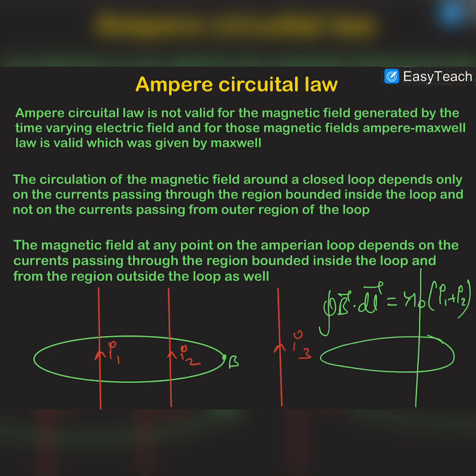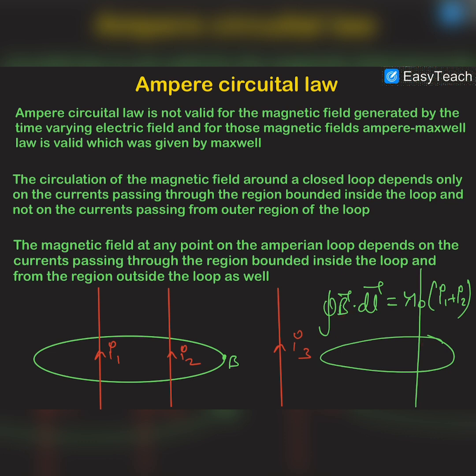But obviously we will not say that Ampere circuital law is invalid, because Ampere circuital law does not tell us about the magnetic field. It tells us about the circulation of the magnetic field, integration B dot dl. And integration B dot dl is valid for all these three kinds of wire placements. This is valid for this one and this is valid for this one also. But we cannot find out the magnetic field by using Ampere circuital law for asymmetric wire distributions.